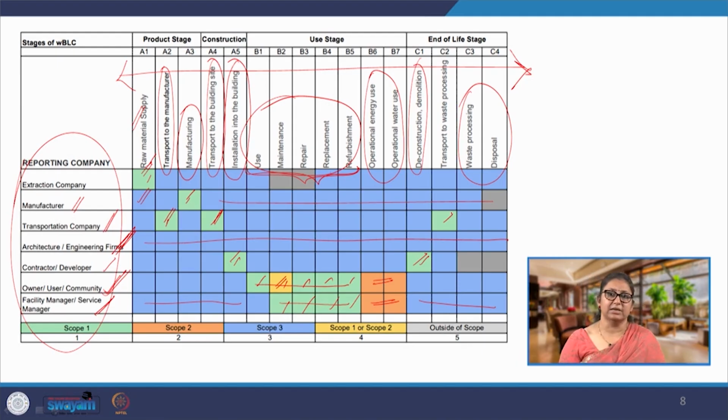It is the direct activity happening with that stakeholder. The rest of the stakeholders, while still in the value chain, have less control over it. Sometimes they may have greater control, so then it may become scope 1 or 2, but in all other cases it will largely be in the value chain and scope 3. So, I hope this makes the understanding of building as a product very clear to us.